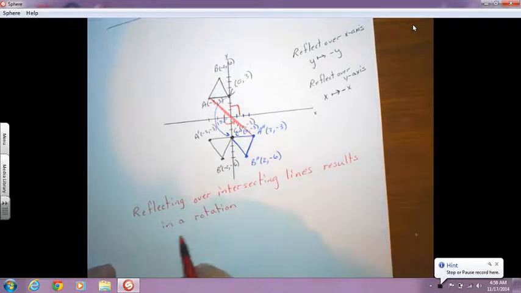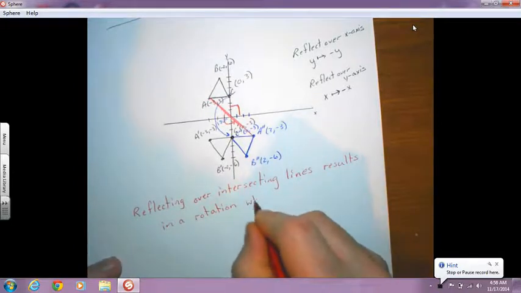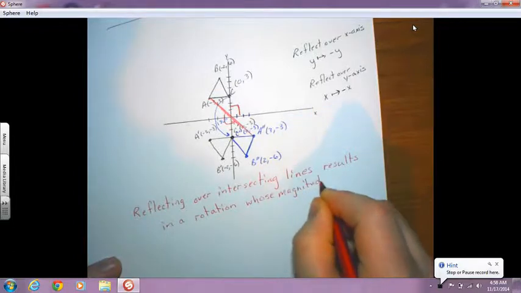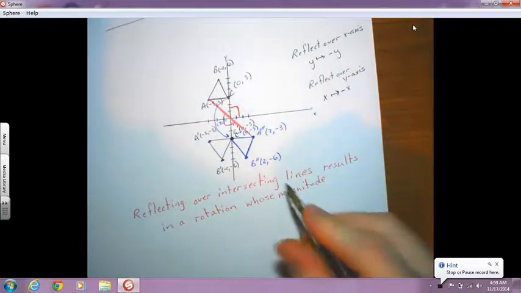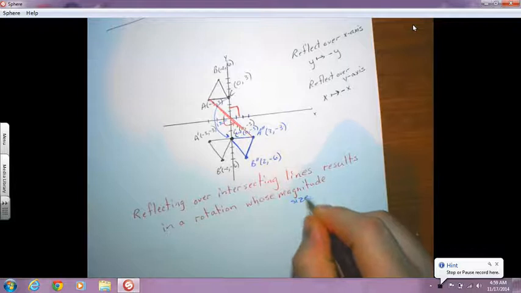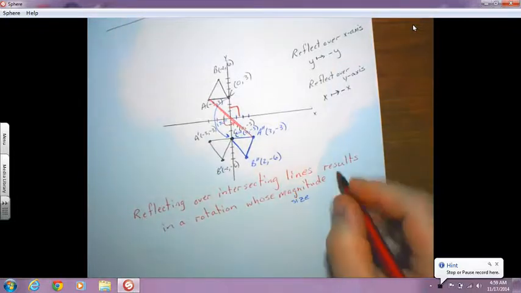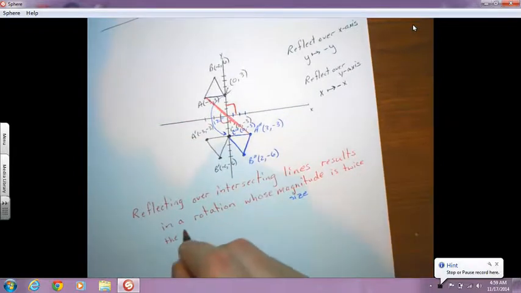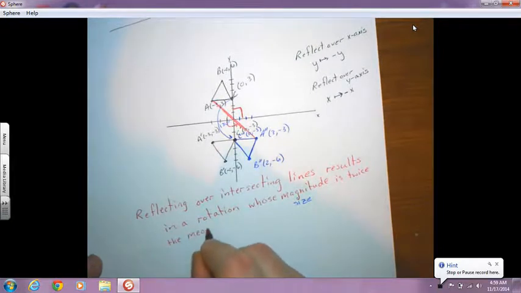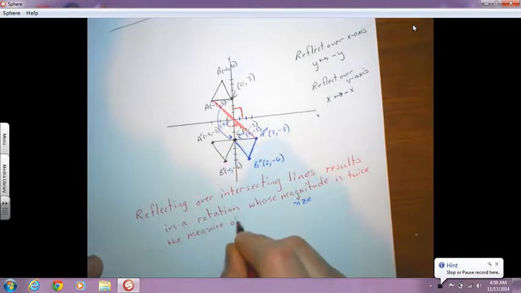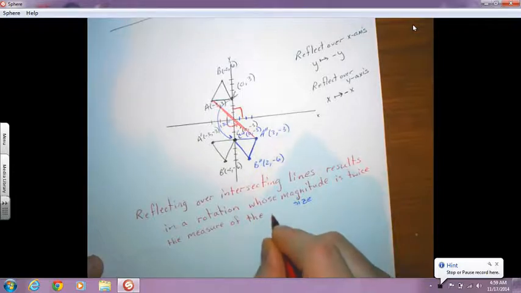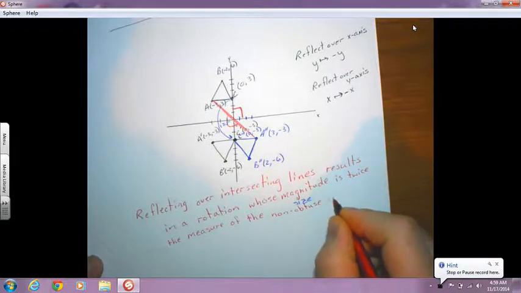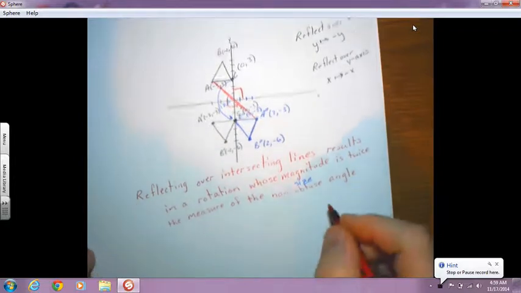So reflecting over intersecting lines results in a rotation whose magnitude, which in mathematics is just a big fancy word for size or measure, is twice the measure of the non-obtuse angle between the two lines.